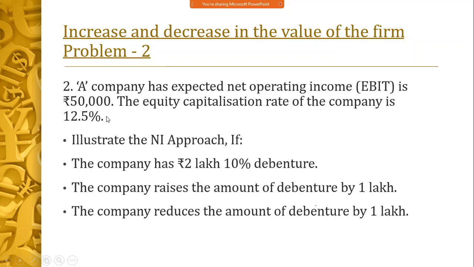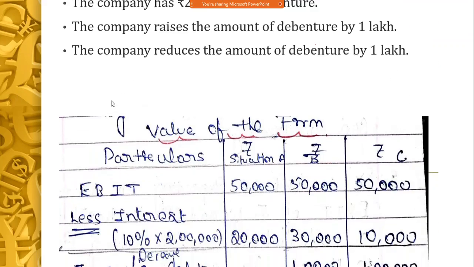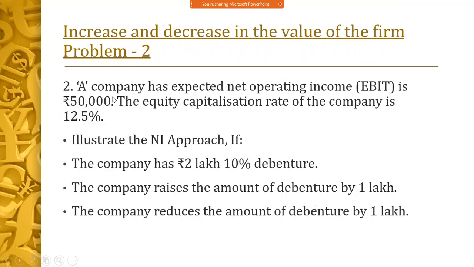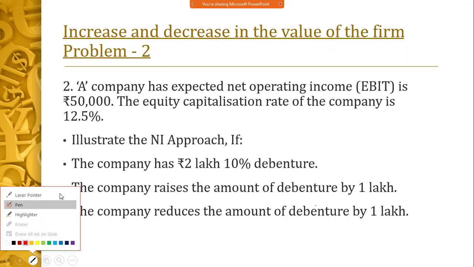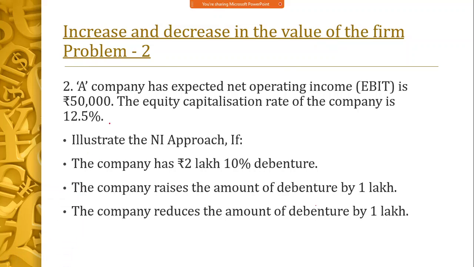Now, where will this KE be helpful? This represents the cost of equity, or what we call as equity capitalization rate. Now, where this is helpful is when we have to find out the value of the equity shares.